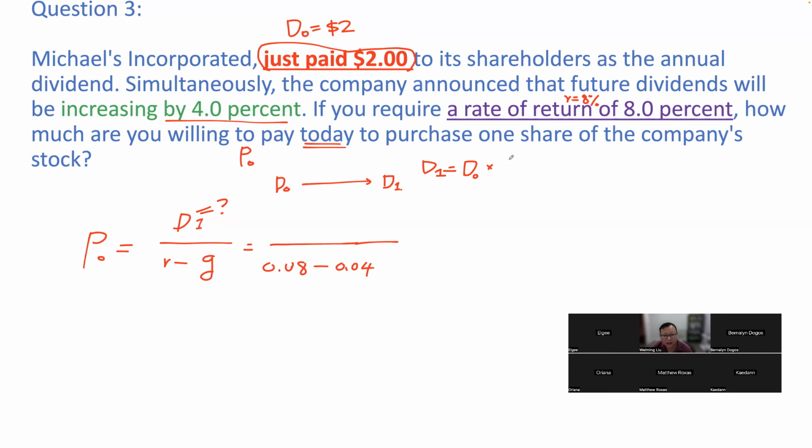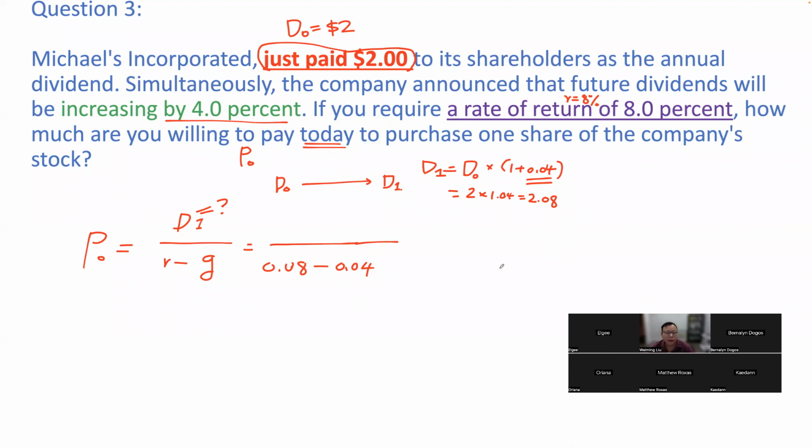Yes, very good, times 1 plus 0.04, because you're going to increase by 4%. You use D0 times 1.04. So 2 times 1.04, D1 equals 2.08. That's correct.